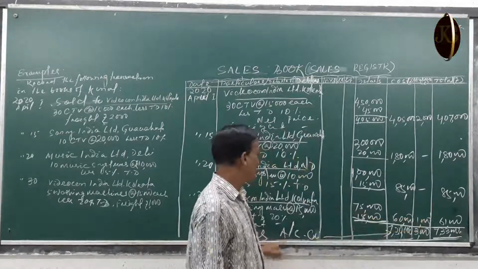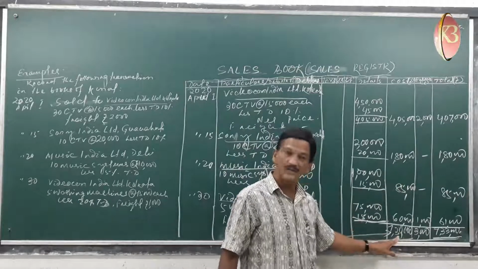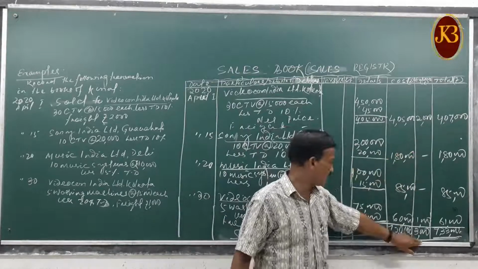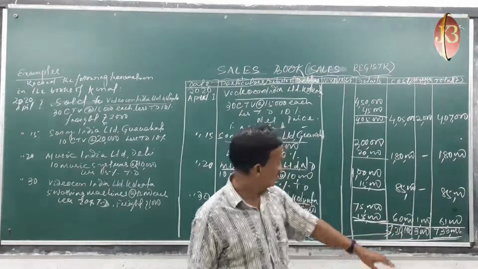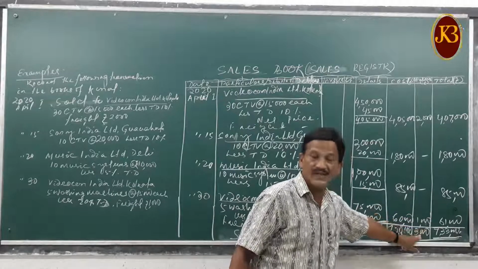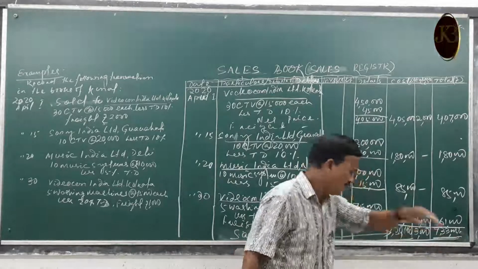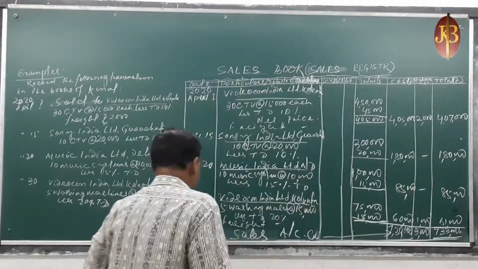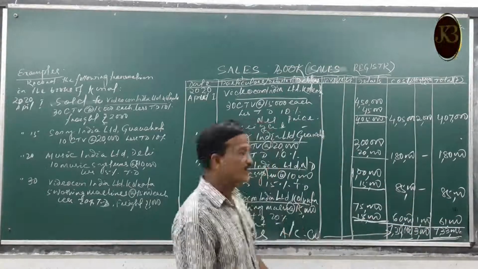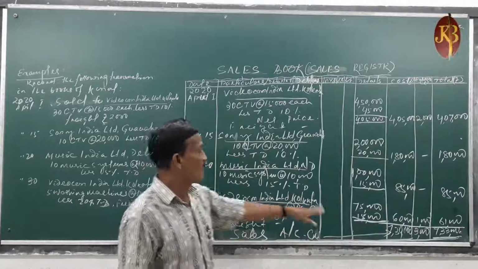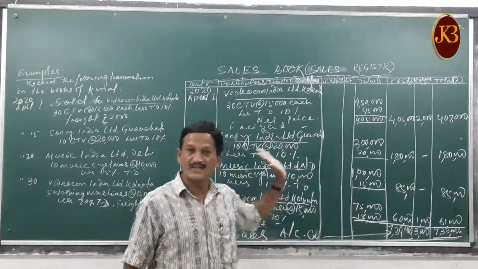The freight total is 3,000. So the total amount is 7,33,000. This is the total amount, cost and freight charges.